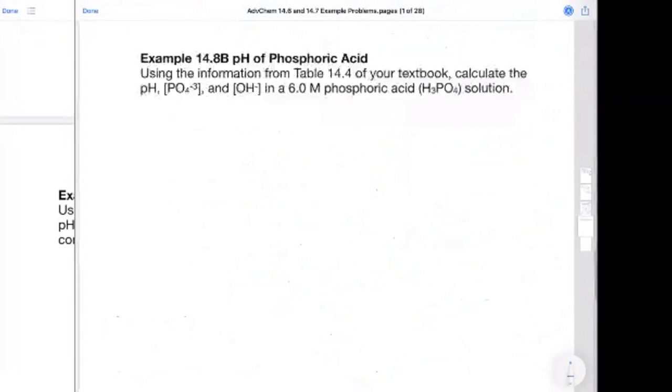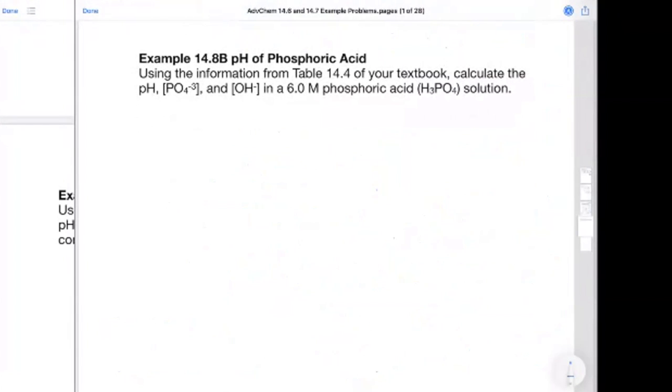Okay, let's look at an example of phosphoric acid, which, remember, phosphoric acid fits this discussion because it has 3 hydrogens for every acid molecule. So if you look at page 689, you will notice phosphoric acid is at the top.